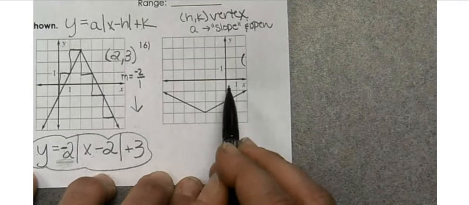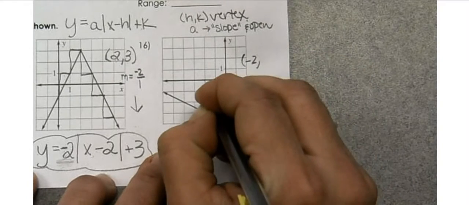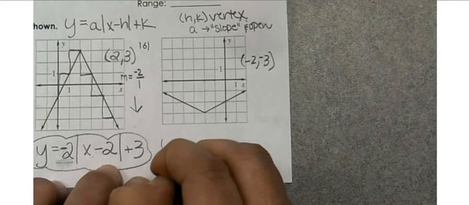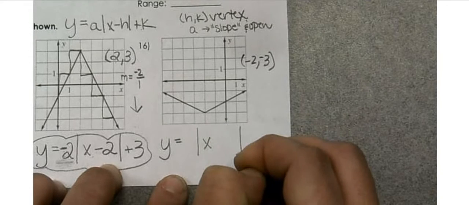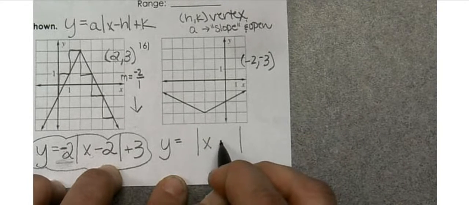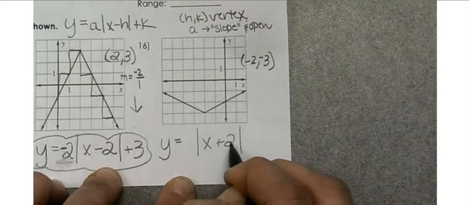Let's look at 16. Our vertex in 16 is -2, -3. Make sure when you write your function, we want y equals. Our vertex tells us the term that goes inside the absolute value with the x, opposite of what we see, so +2.